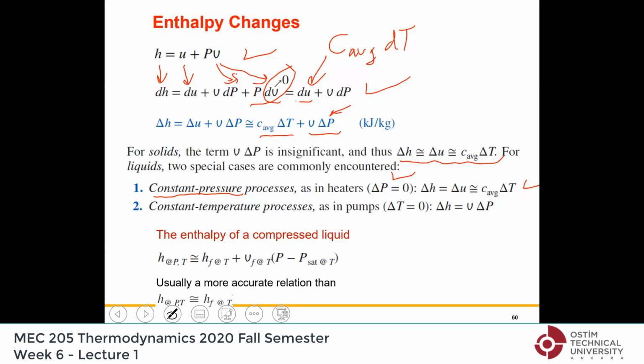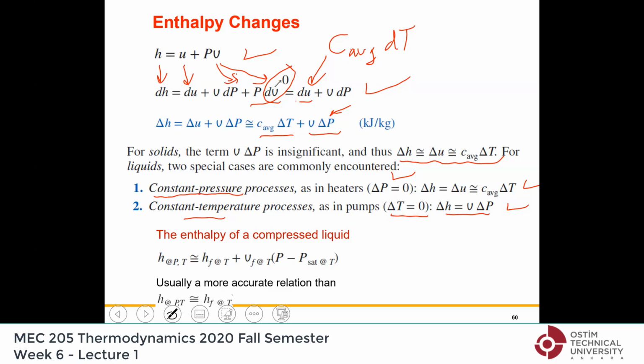If the temperature is constant, in that case, the first term will be 0. Delta T is 0. Then delta H will be V delta P. Okay. So these are the relations that we have.